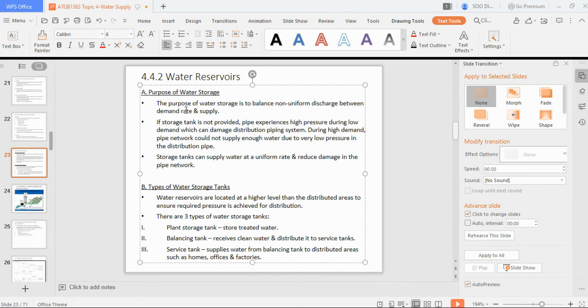We might use more during the day and less during the night. So that's why we need to have a water storage to store the water so that it's available when required.